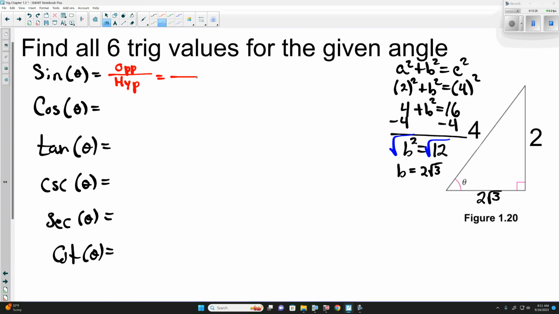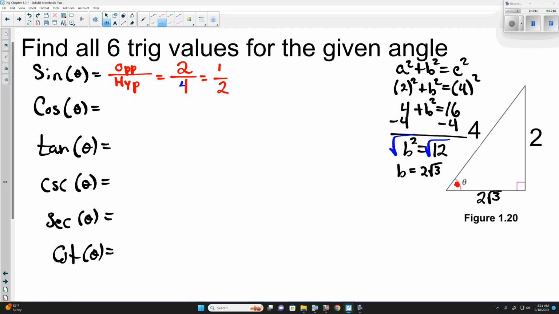Now, looking at this here from our given angle theta, the opposite side is 2, our hypotenuse is 4. Well, we can't really leave it as 2/4. It's actually 1/2. Well, that also tells us what cosecant is.